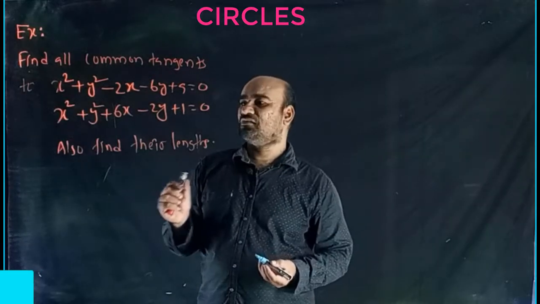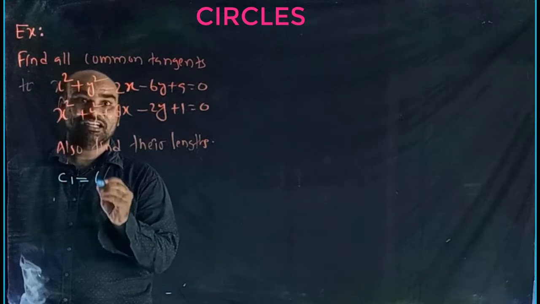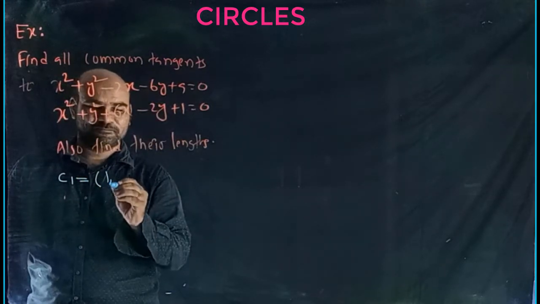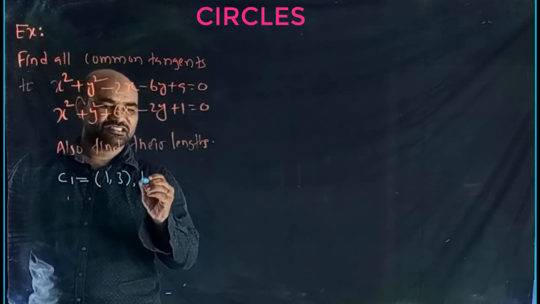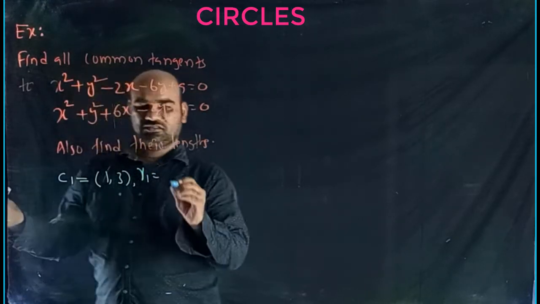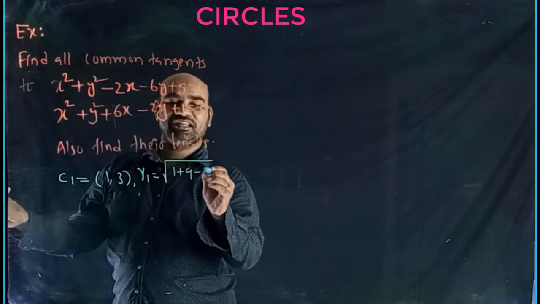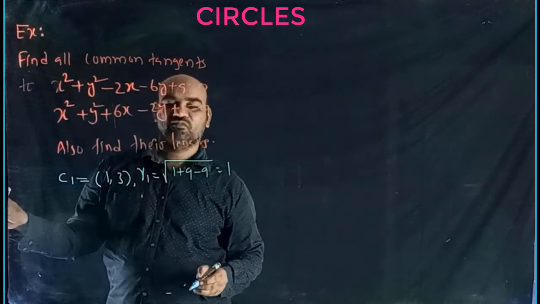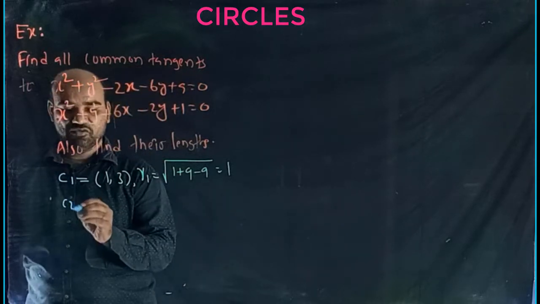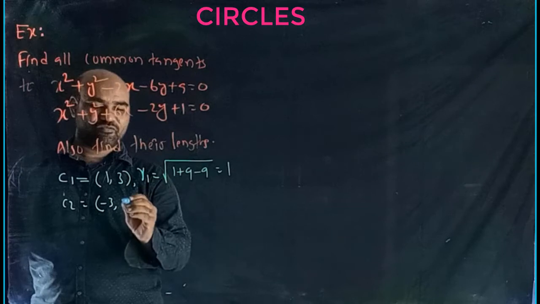First of all, the first circle is taken as C1. Its center is (1, 3). Its radius, I am saying, R1, is root of 1 plus 9 minus 9, which equals 1. C2 has center (-3, 1).